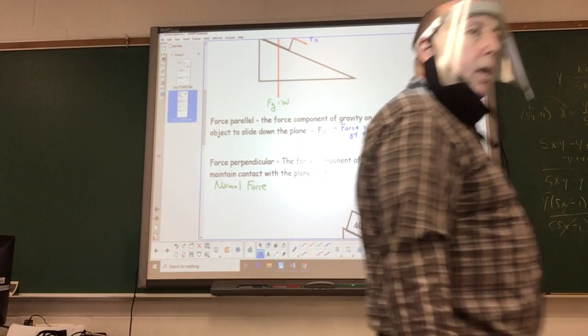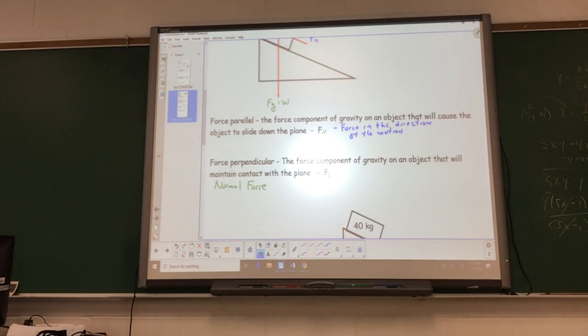And we just learned in calc class we have tangent lines, and then we had normal lines, which are perpendicular to your tangent lines.